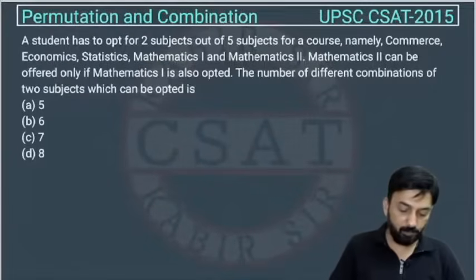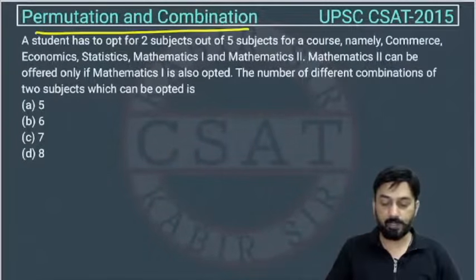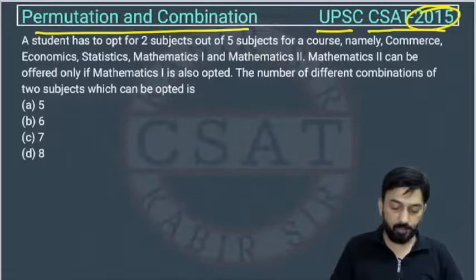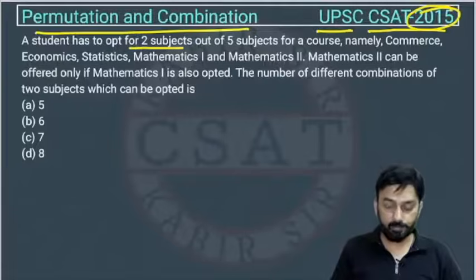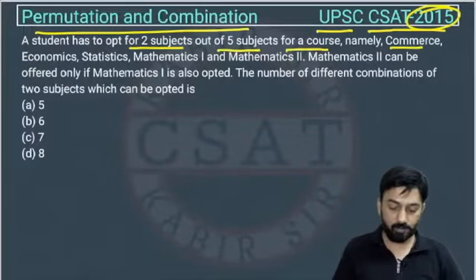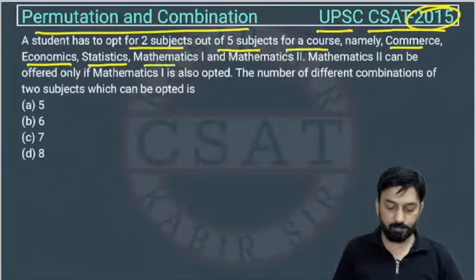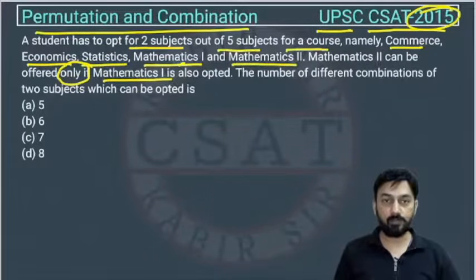This is a problem from the Permutation and Combination chapter asked by UPSC in the CSAT paper of 2015. A student has to opt for 2 subjects out of 5 subjects for a course, namely commerce, economics, statistics, mathematics 1 and mathematics 2. Mathematics 2 can be offered only if mathematics 1 is also opted.